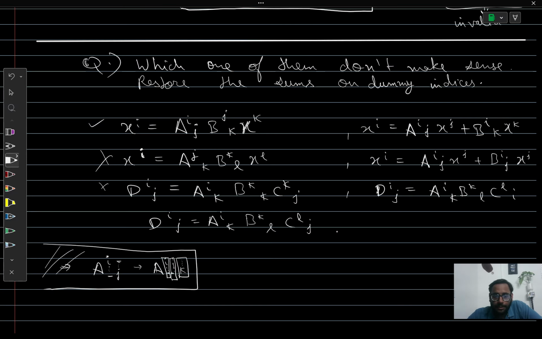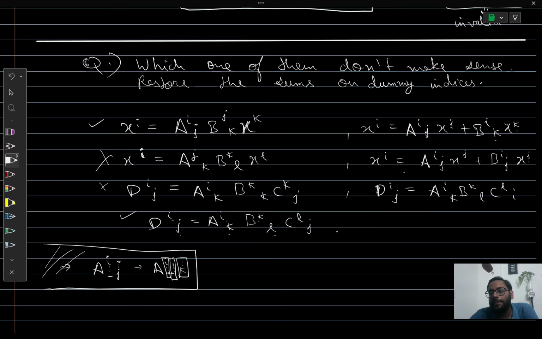Now next is this one. The position is the same, so it's okay, it's well and good. You can check that these are okay; you can just relabel. In the second one they have relabeled, so it is also a valid thing.